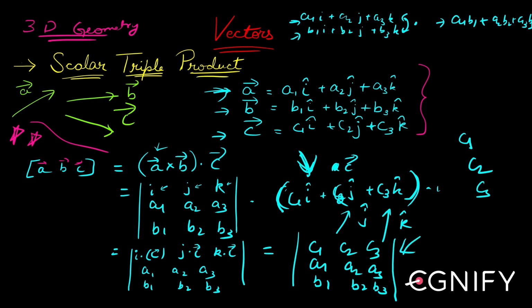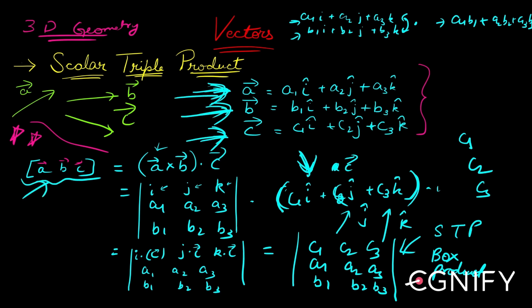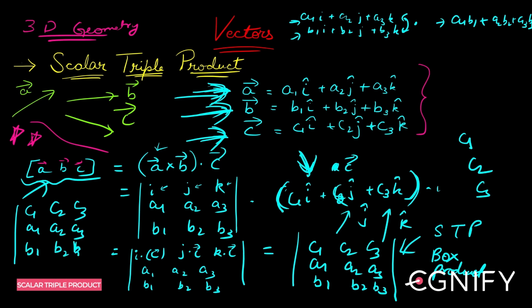This is the scalar triple product or your box product. So let me just quickly recap what I have done. So we had three vectors in their component forms. If I need this box product of these three vectors which are in the component form, I will simply take C1, C2, C3, A1, A2, A3 and B1, B2, B3 in this order, right?